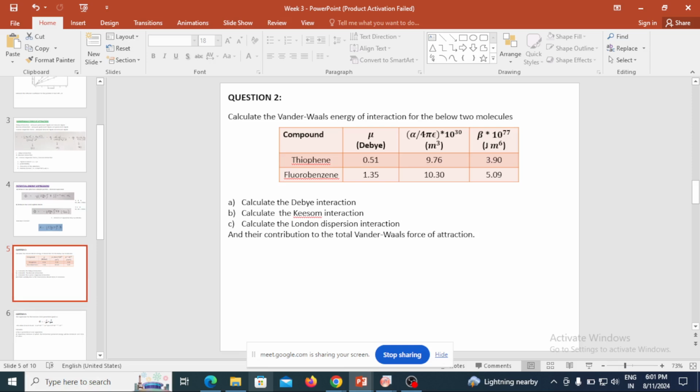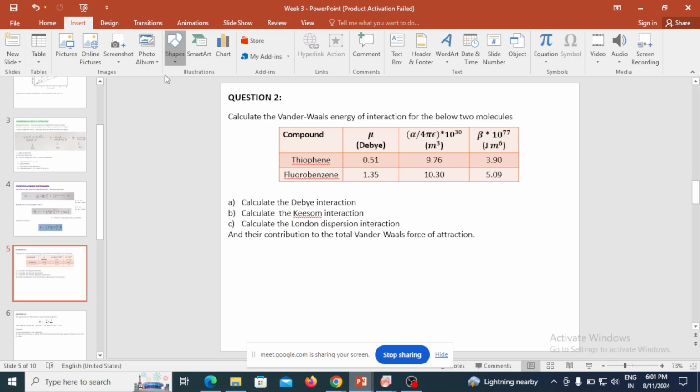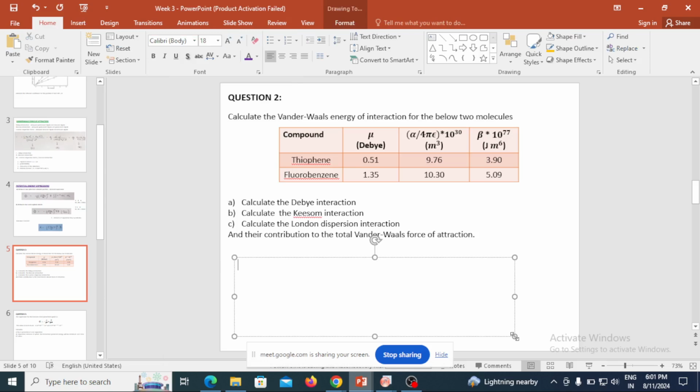So let me write what will be the expression for the Debye interactions in that case. Let's keep 1 by 4 pi epsilon the whole square times x to the power 6, and then focus only on the other parameters.